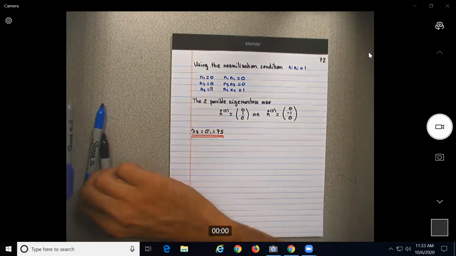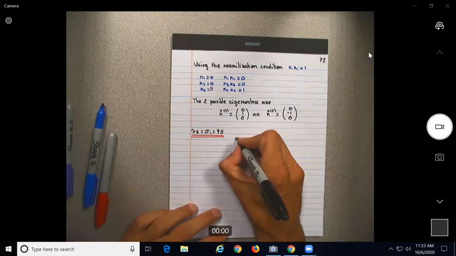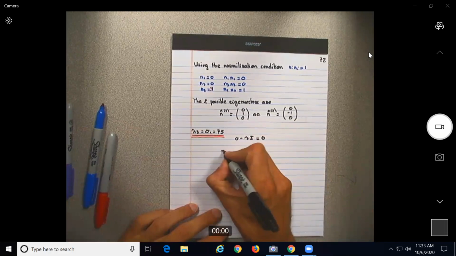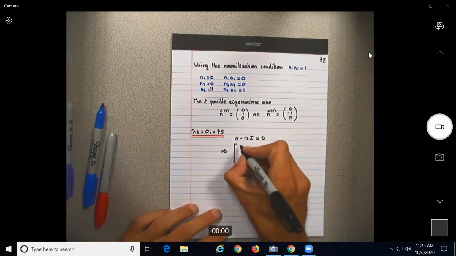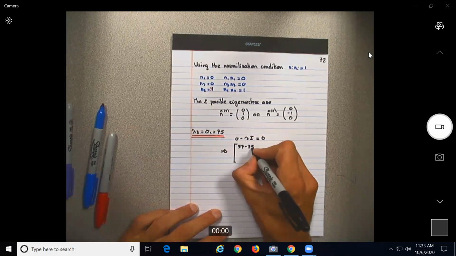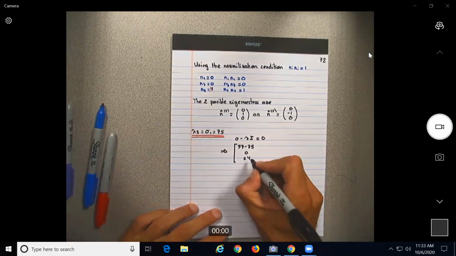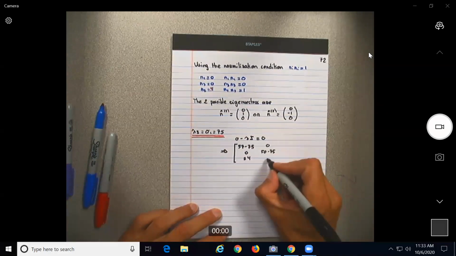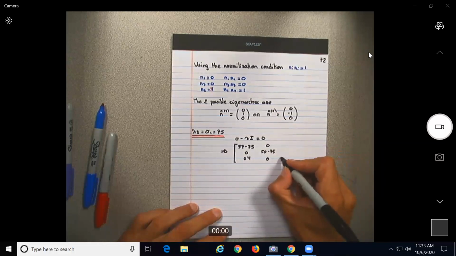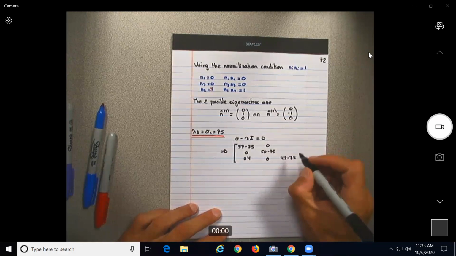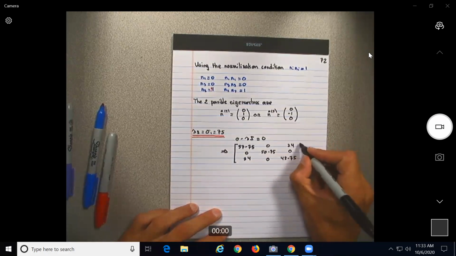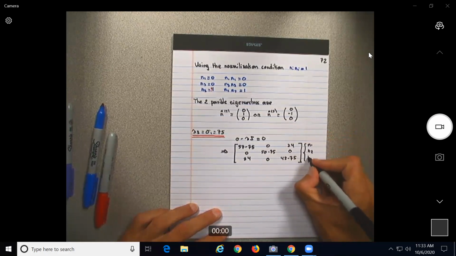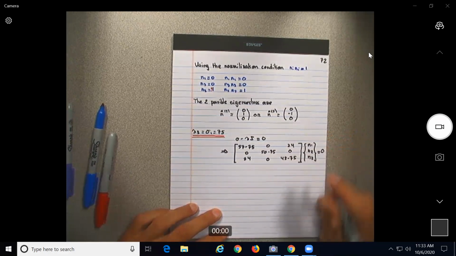Okay, so I'm just going to go, it's not even a little bit faster, but this will give us what? 57 minus 75, 0, 24, 50 minus 75, 0, 0, 43 minus 75, 0, 24, equal to 0.